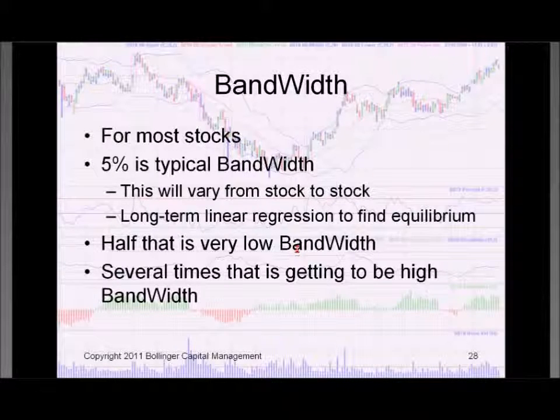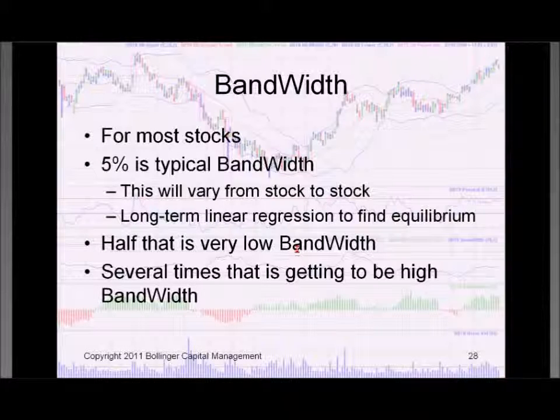For most stocks, 5% is pretty typical bandwidth. Some stocks will run higher on average. Some stocks will run lower on average. The easiest way to find out what the normal is for any given stock is to run linear regression on bandwidth. Almost all the technical analysis software will let you do that sort of thing now.